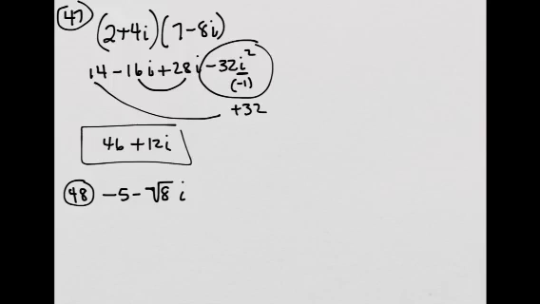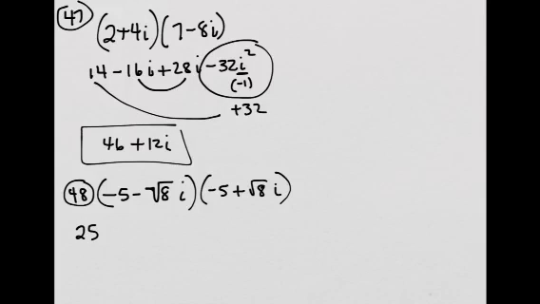Okay, for 48, it's asking you to find the complex conjugate of this number and then multiply them together. So first let me put parentheses around this. So its complex conjugate would be negative 5 plus radical 8i. So we multiply. Distributive property, negative 5 times negative 5 is 25.